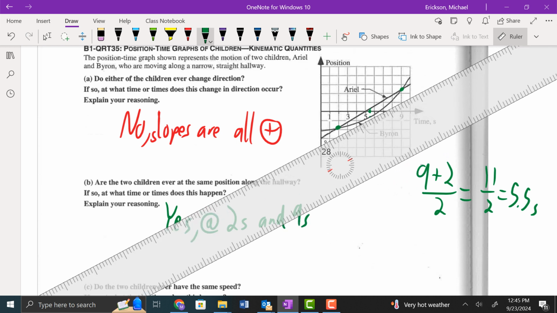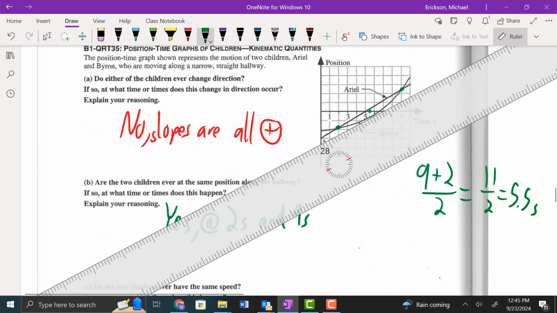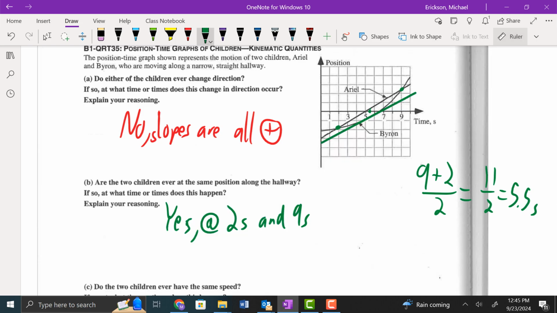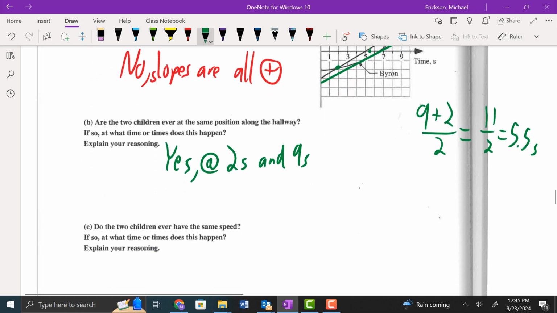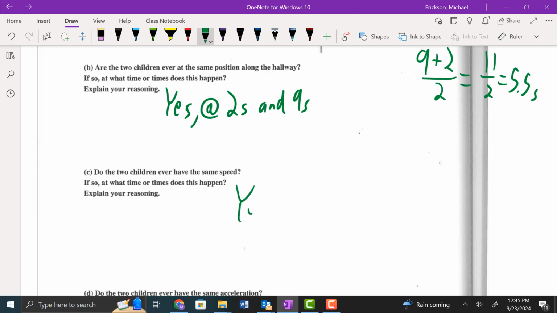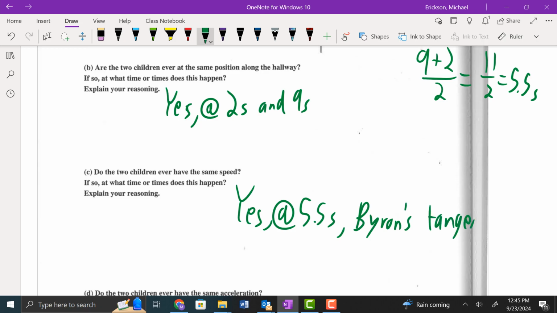So I'm going to take a tangent here, and that looks like a pretty much parallel line to Ariel. It might be a little bit off, but I think 5.5 seconds. So yes, at 5.5 seconds, Byron's tangent slope matches Ariel's.